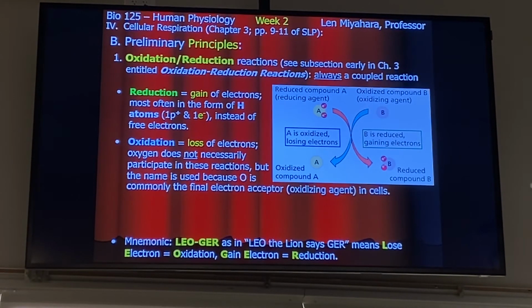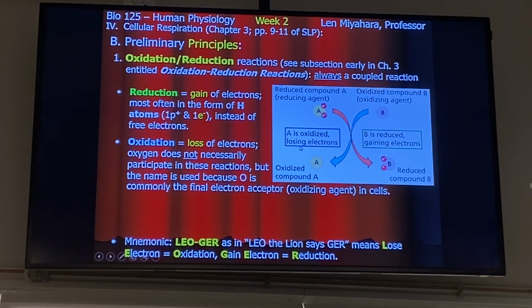That's why we call these redox reactions. Oxidation reduction reactions always go together because it's transferring that high energy electron from one to the other. It goes from molecule A to molecule B. B that gained the electrons is reduced. A that lost the electrons is oxidized.